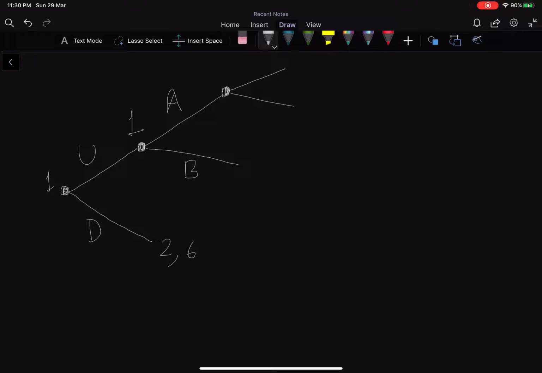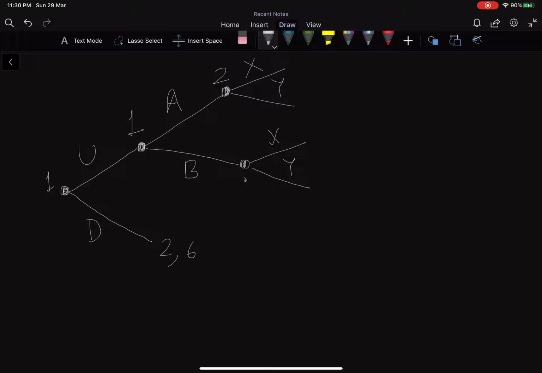Suppose player 1 moves first, and can either move U or D. If it moves D, the game ends right away, with payoffs 2, 6. If it chooses U, then 1 moves again, and the choices are A and B, and then player 2 moves, and the choices are X, Y, X, Y.